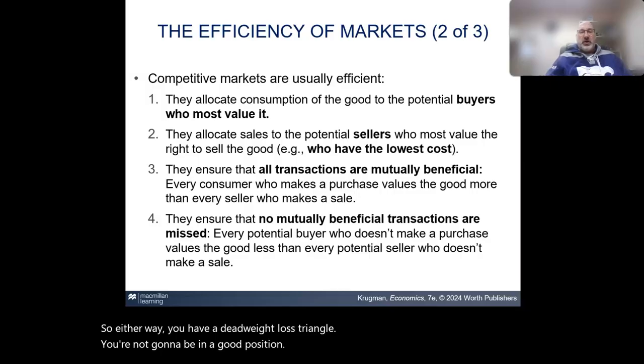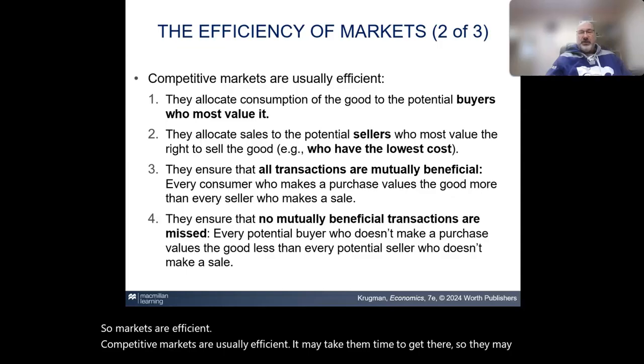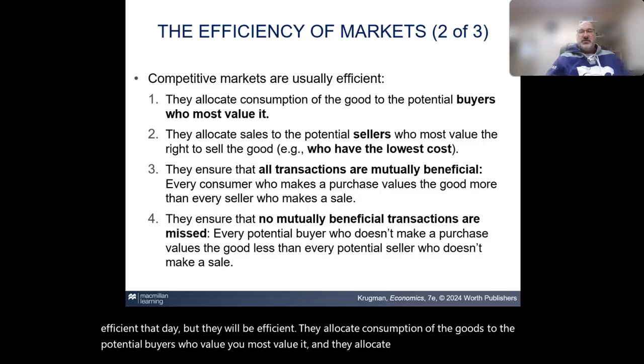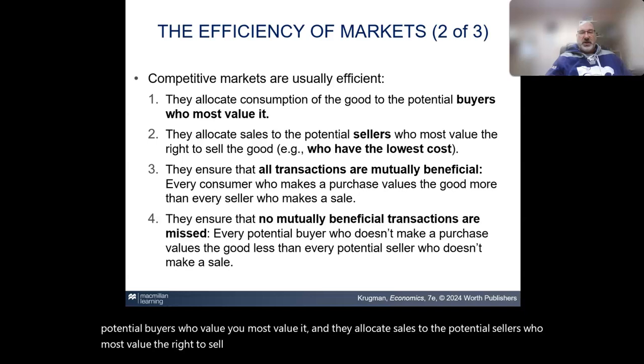So competitive markets are usually efficient. It may take them time to get there, so they may not be efficient that day, but they will be efficient. They allocate consumption of the goods to the potential buyers who most value it, and they allocate sales to the potential sellers who most value the right to sell the good or who have the lowest cost.